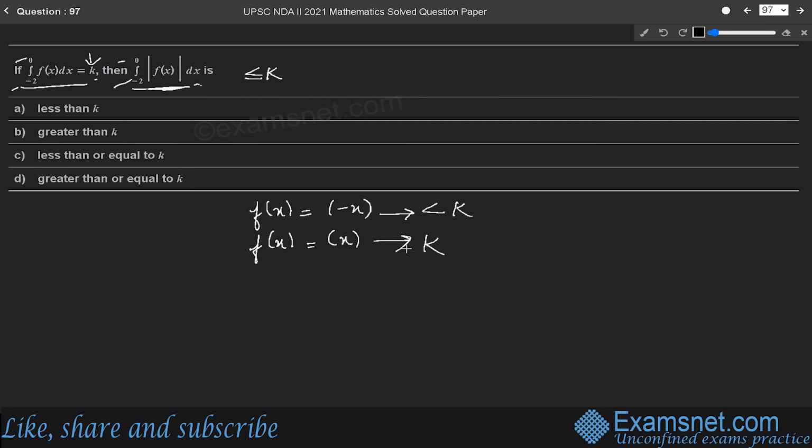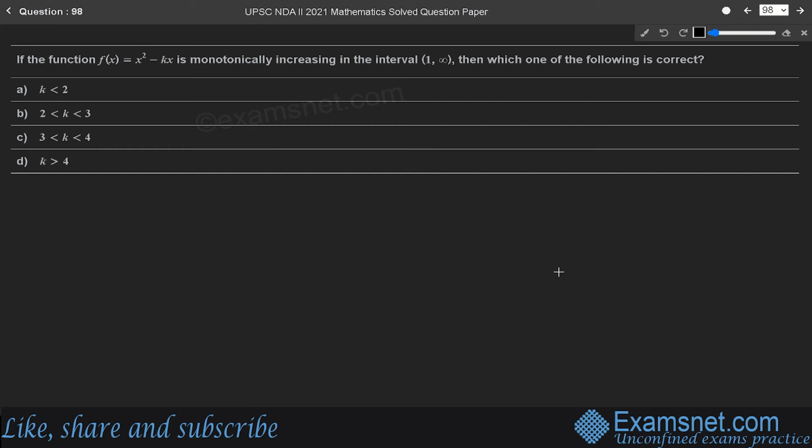So we can say that the correct option for this question is option number C, which is less than or equal to k.